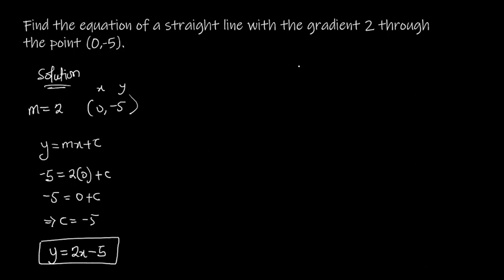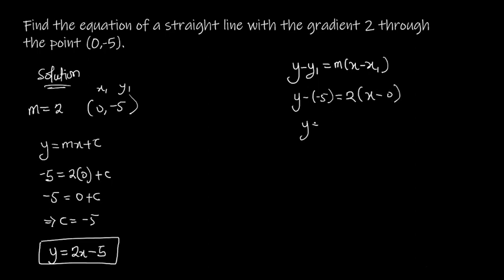Alright, so let me use the other formula, which is y minus y1 is equal to m into bracket x minus x1. So from here, I have this become my x1 and y1. So I write y minus y1, which is -5, is equal to the gradient, which is 2, multiplied by x minus x1, which is 0.